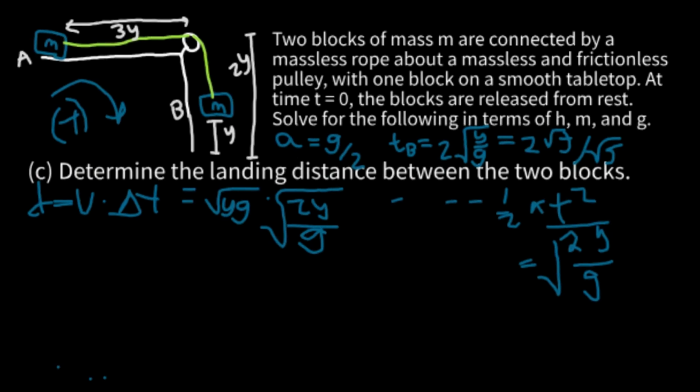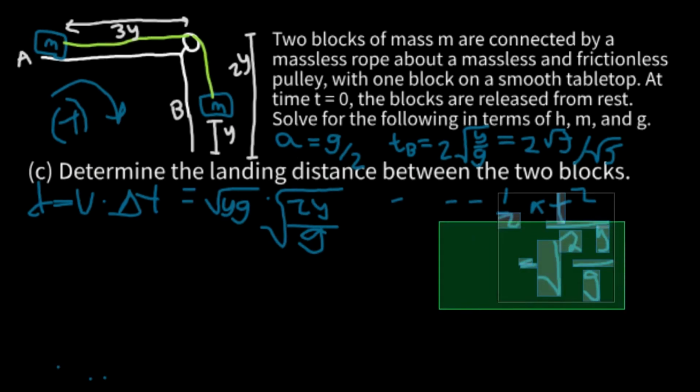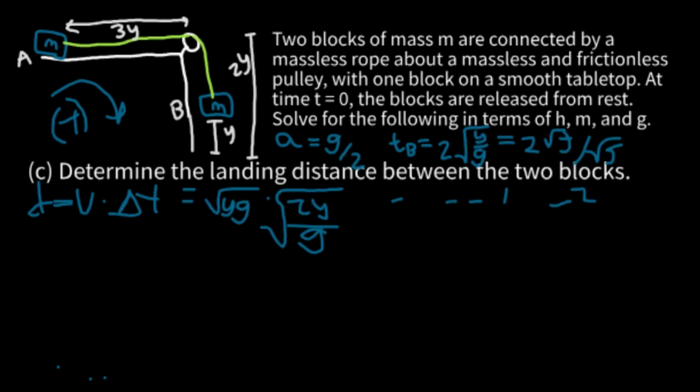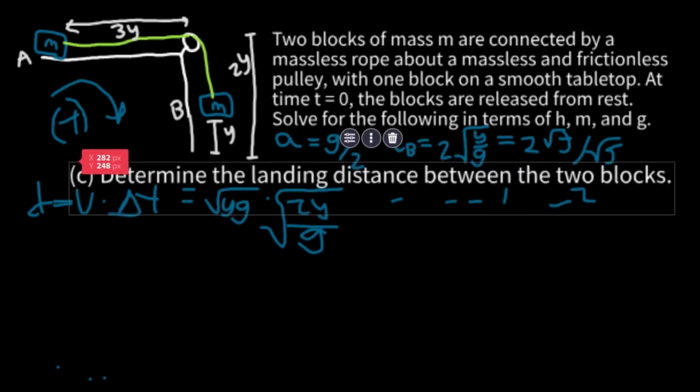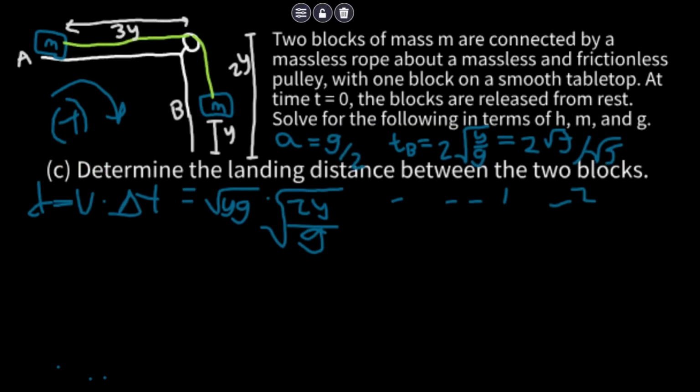Hey, hang on, I made a mistake here with this part. We have delta y equals 1/2 at squared because initial velocity is 0.